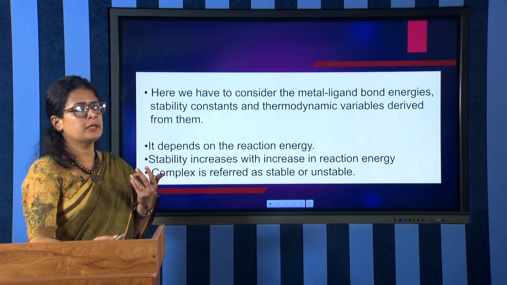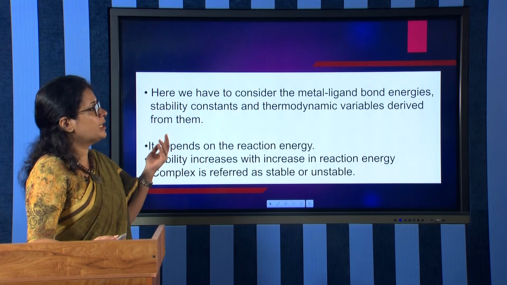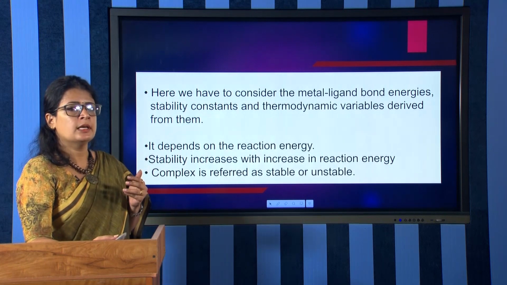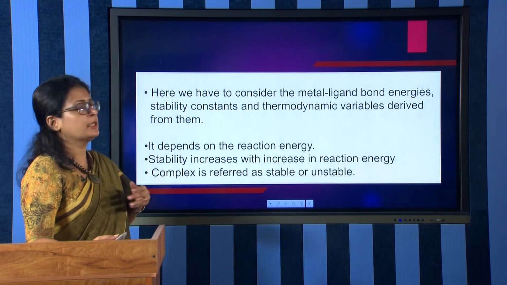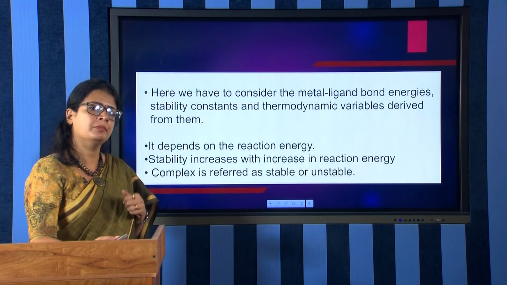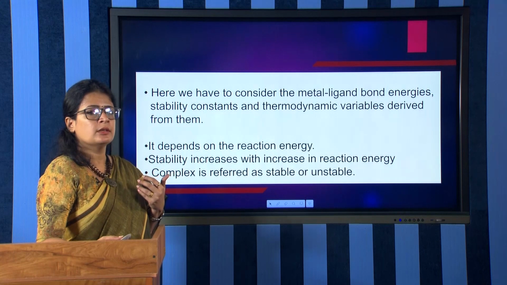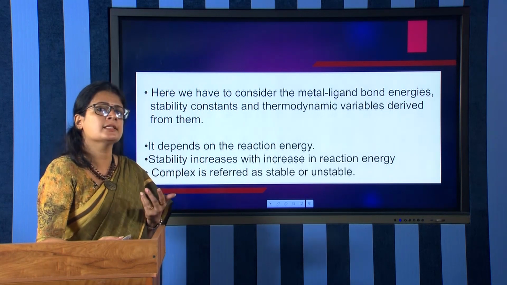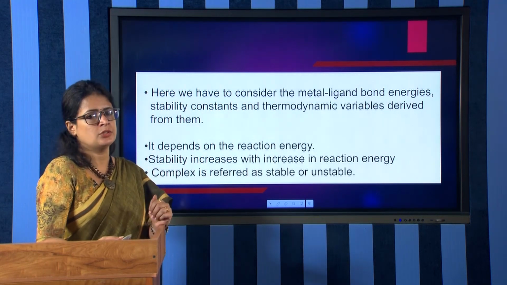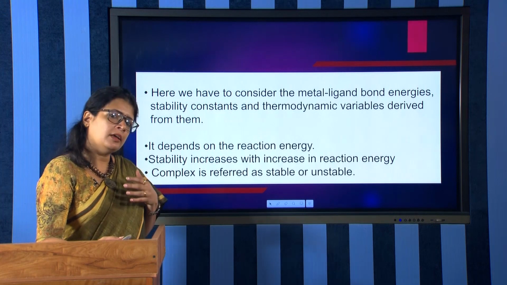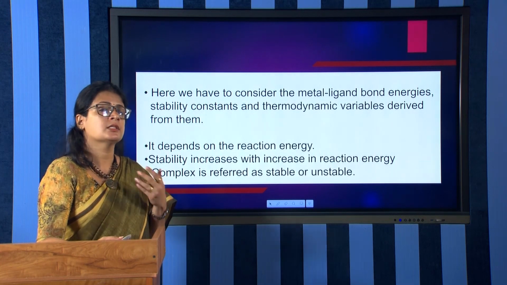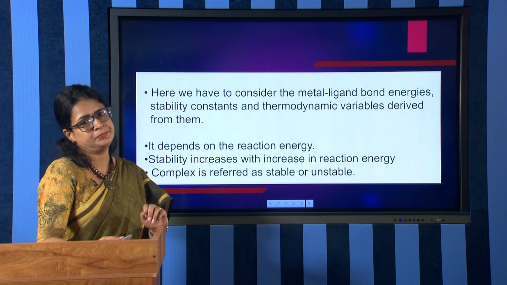Since it is thermodynamic stability, here we have to consider metal ligand bond energies, stability constants and thermodynamic variables derived from them. It depends upon the reaction energy, and the stability increases with the increase in reaction energy. Here we refer to complexes as stable or unstable.